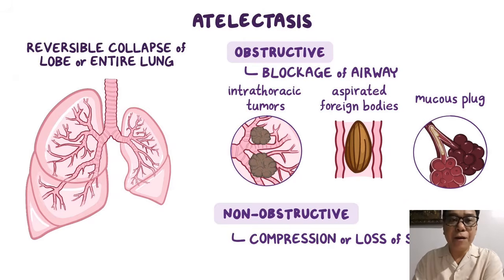If ever we have a hint that the patient has atelectasis, but we're not yet sure, what we need to remember is to still treat the patient as if they already have lung collapse, so that we will be more cautious, and we will be looking forward into helping the patient.